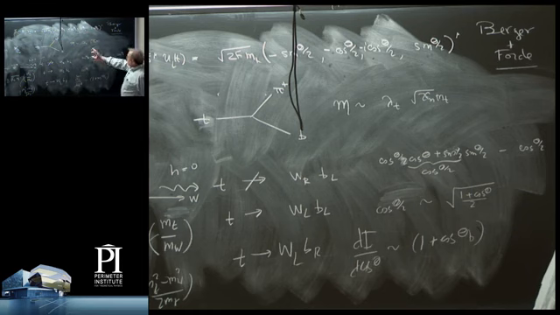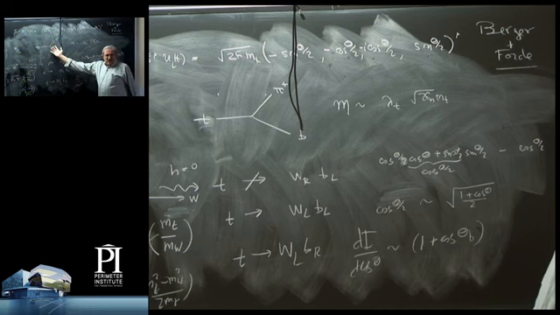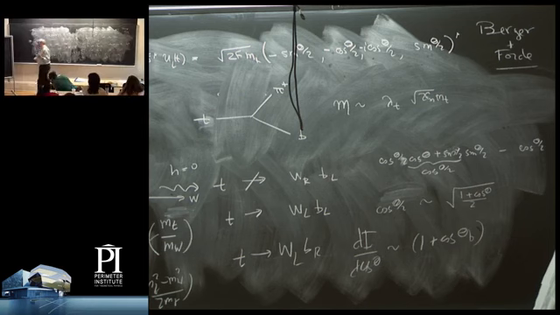So, in fact, if you do all the numbers very carefully, all the factors of 2 work out right. And the rate of this process turns out to be the leading term in m_t over m_W in the expression that I've derived. So this is actually the physical manifestation that you were looking for. The result turns out to be completely general.